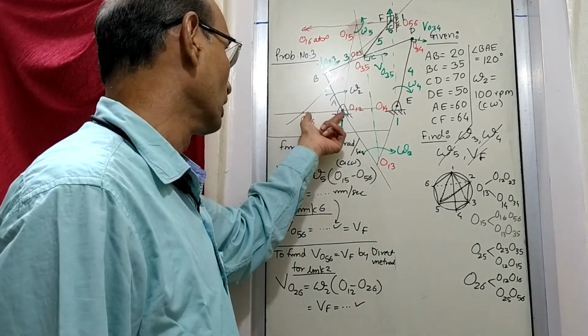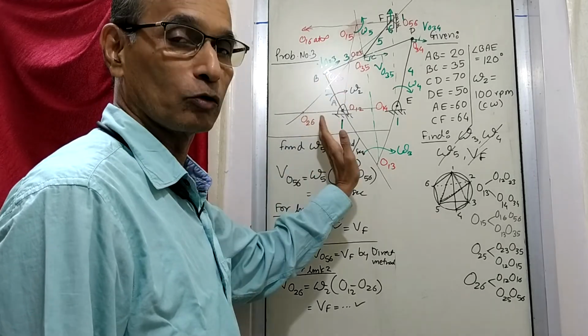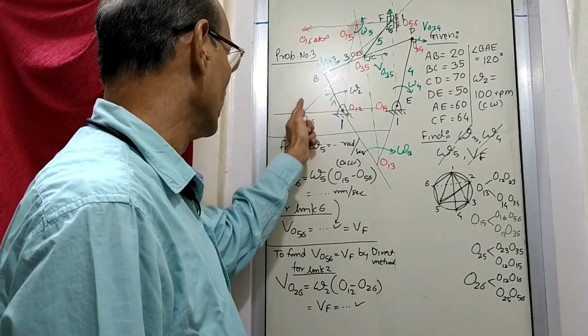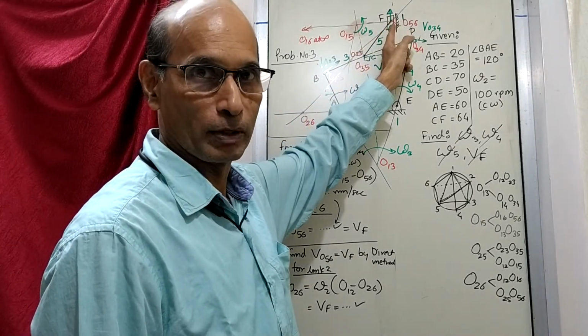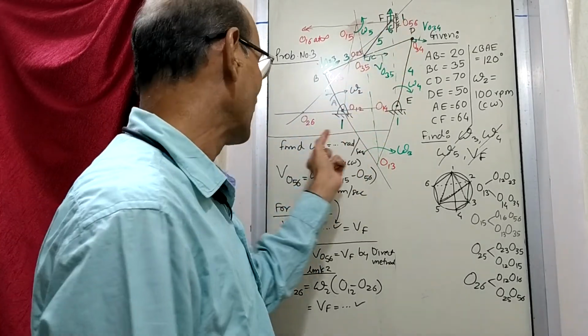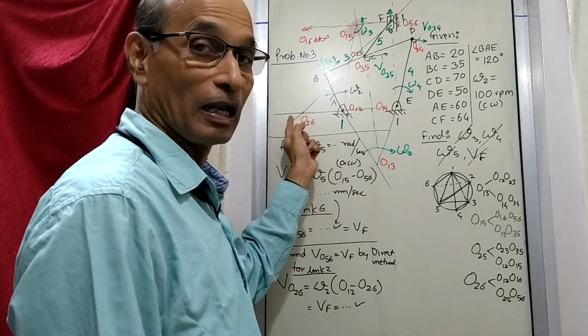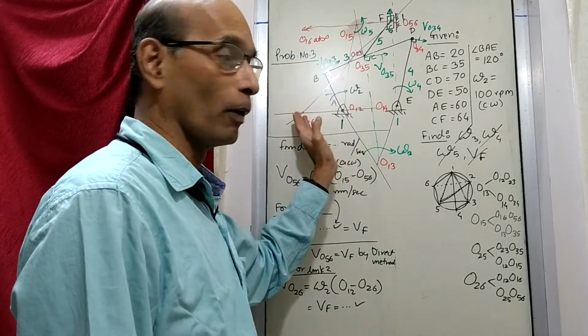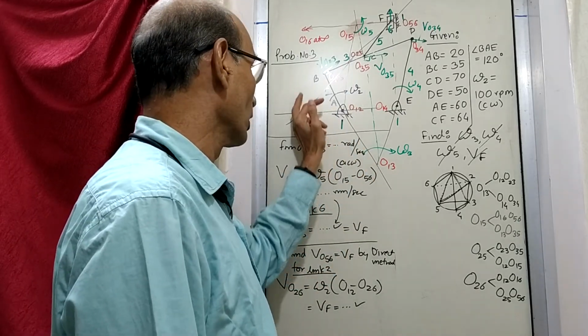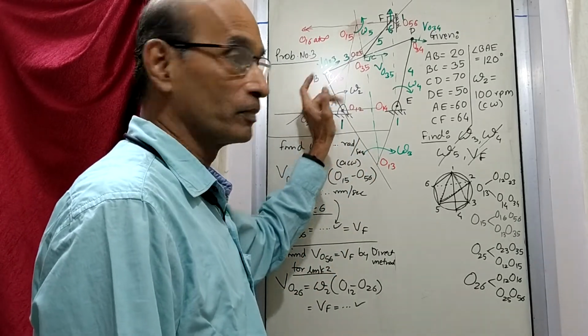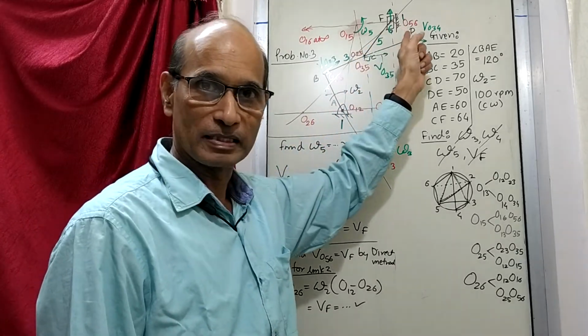Now r is horizontal, ω5 is like this, ω2 is like this. That means the velocity will come upwards, and you know the velocity has already come upwards. So the very fact that I26 is on this horizontal line and on the left of I12, because it is rotating clockwise, the I26 velocity will automatically go up, which matches our guess.